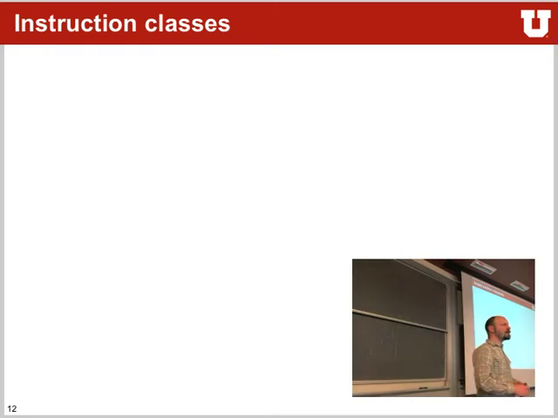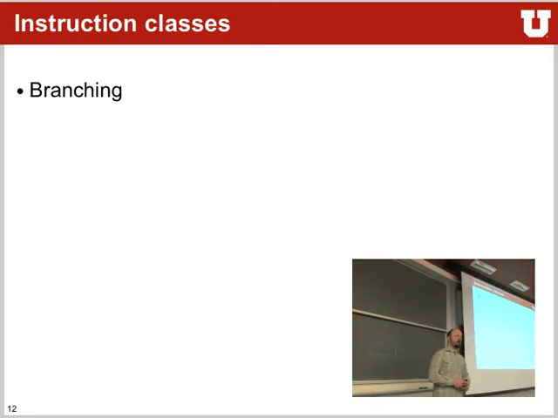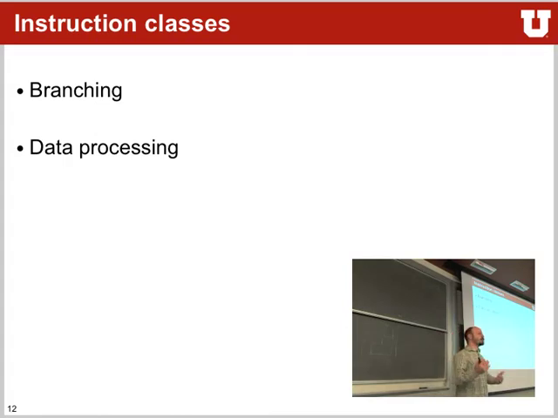We talked last time about instruction classes. We have the branching, jump around in your code to go and execute different things. So basically you write into the program counter where the next address should come from. We have data processing, anything that you want to do with the data in the registers, so you can add, subtract, multiply, compare, OR, XOR, and stuff like that.